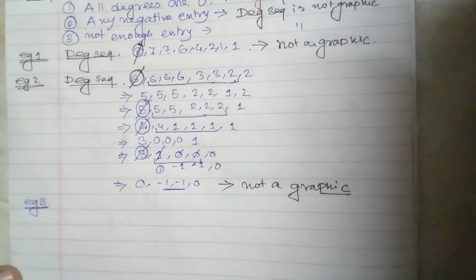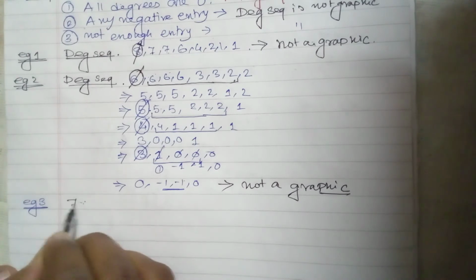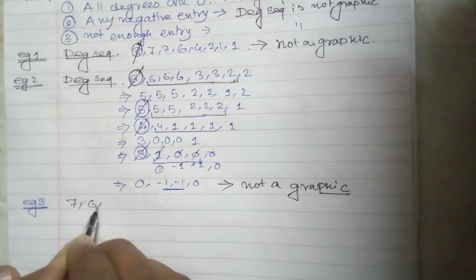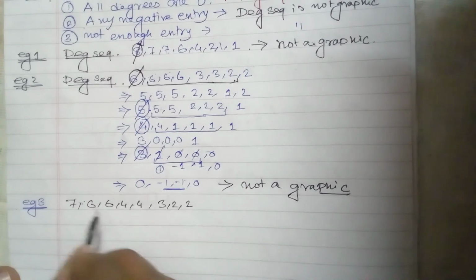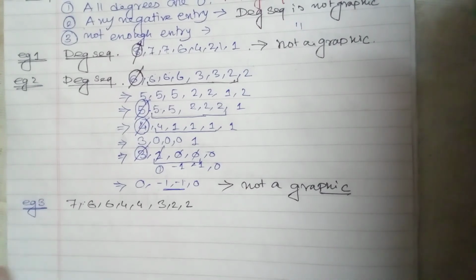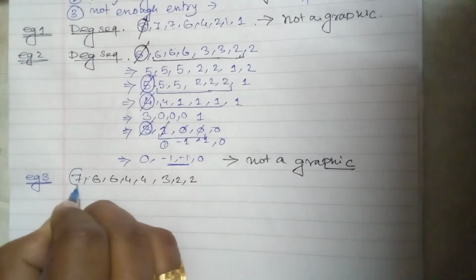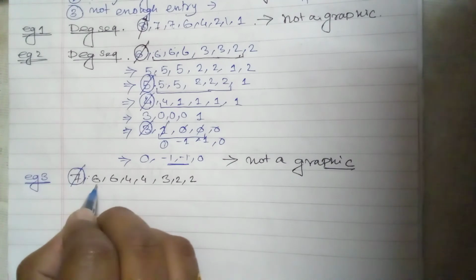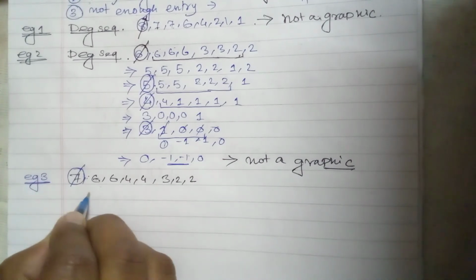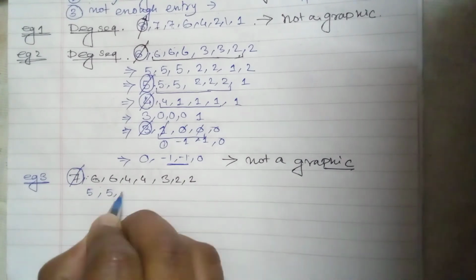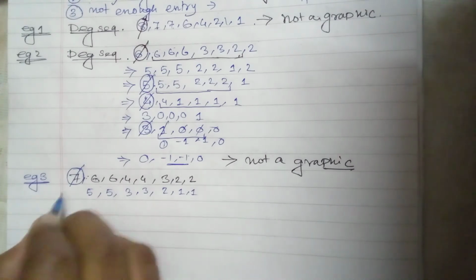Now example 3: 7 6 6 4 4 3 2 2. According to the algorithm, I delete the first vertex and select 7 entries, 1 2 3 4 5 6 7, and subtract 1 from them, leaving the remaining one.